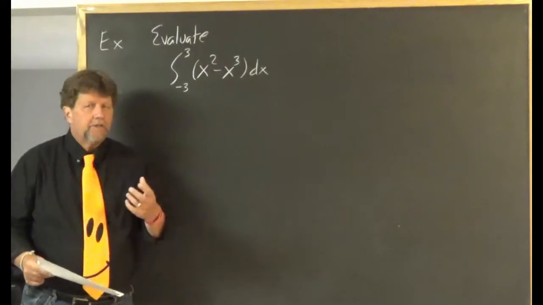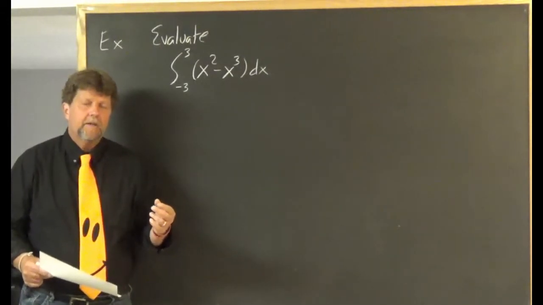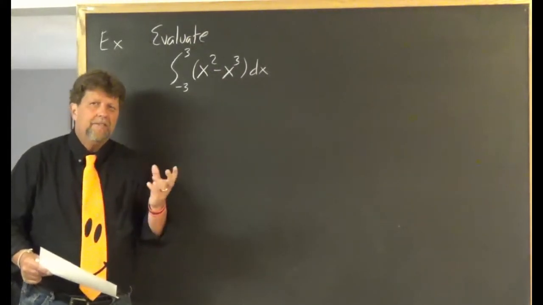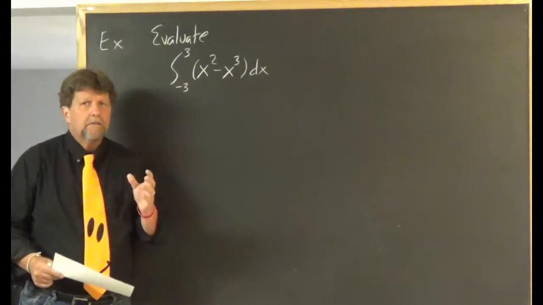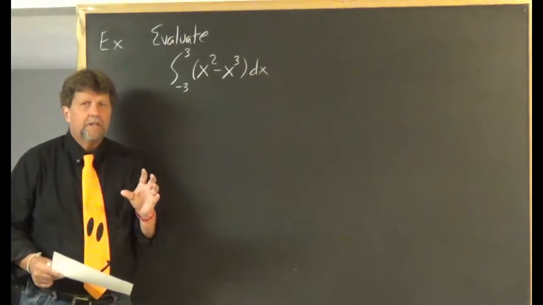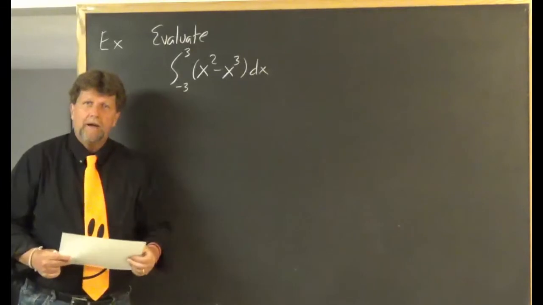Now I realize I could just get the antiderivative and crank it through the fundamental theorem of calculus, but the point of this example is to practice even and odd functions. Going forward, trust me, especially recognizing even functions can be beneficial. So that's what I'm going to practice here.